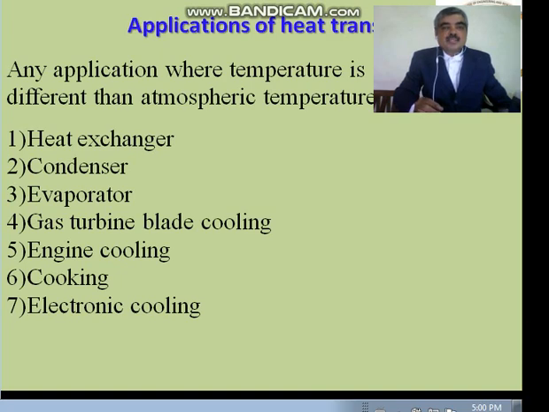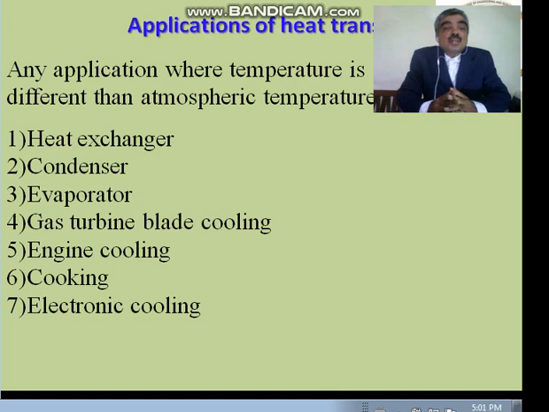So let us find some applications of heat transfer. Where will we apply this knowledge of heat transfer? Any place where there is a temperature difference. In short, if the temperature of the system is different than the surrounding, at that place we can apply the knowledge of heat transfer.